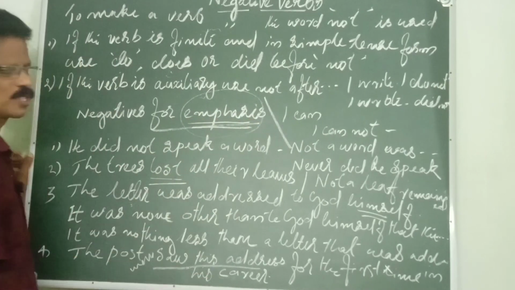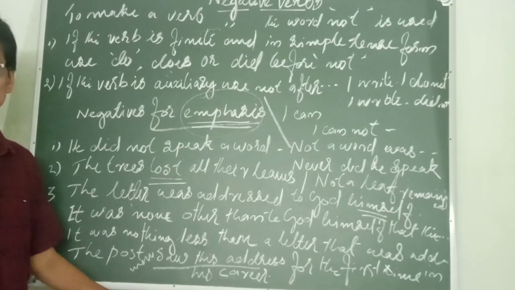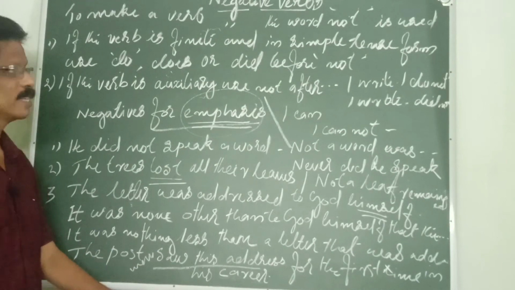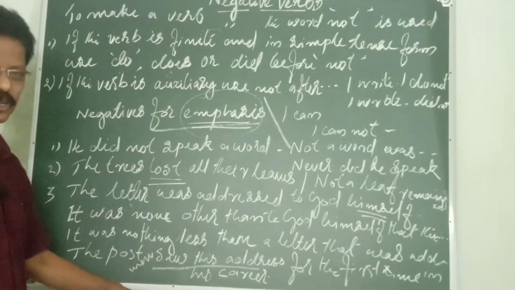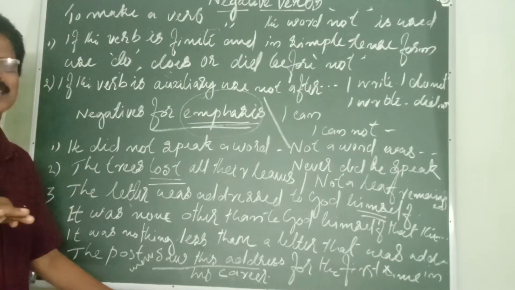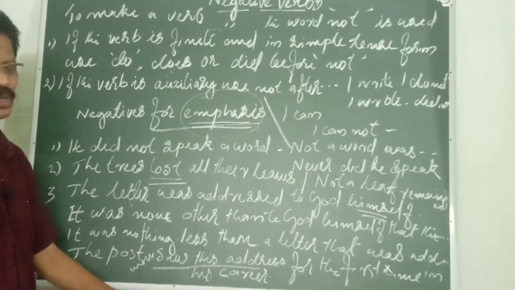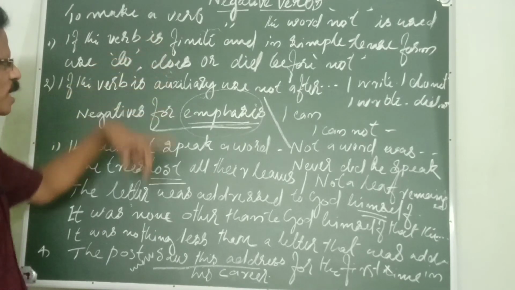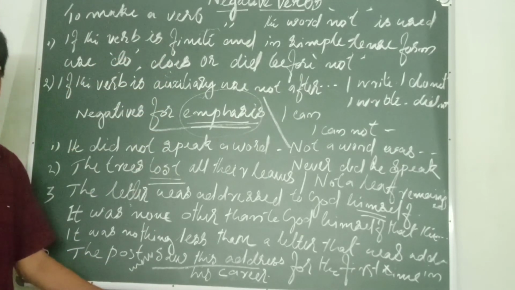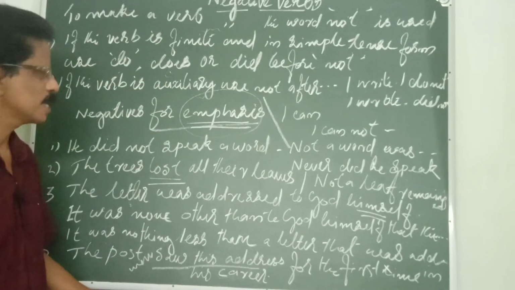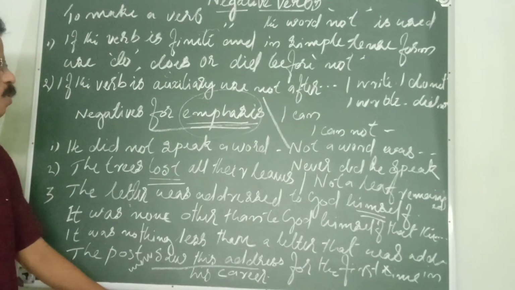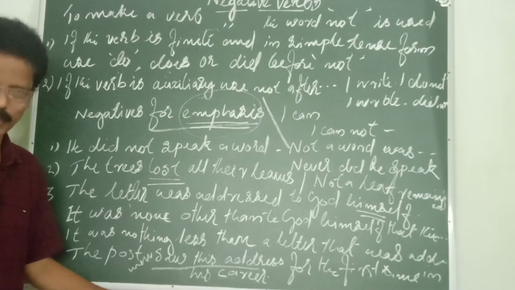Emphasis or force. Now that is what we study here in this topic, negatives. To make a verb negative, just add the word not. Remember two things. Finite verb: you have to add do, does, or did before not. Auxiliary verb: you have to add not after the auxiliary verb.